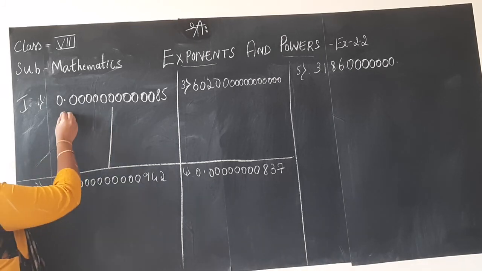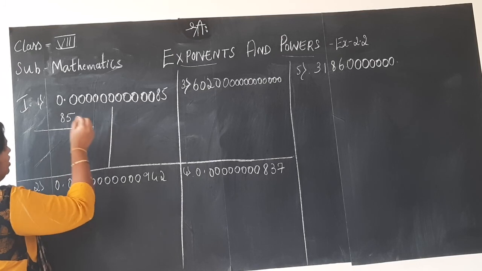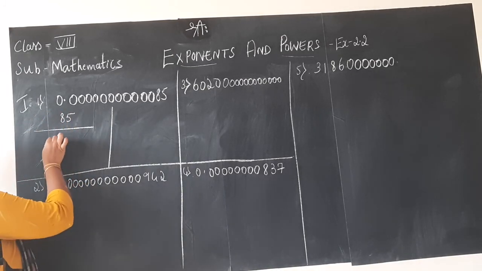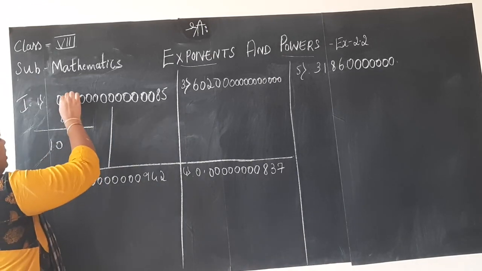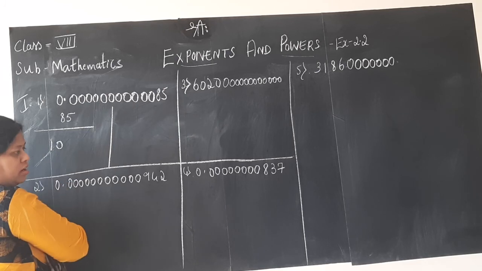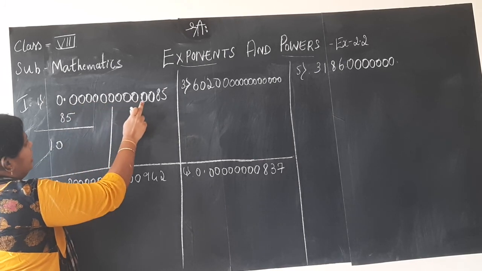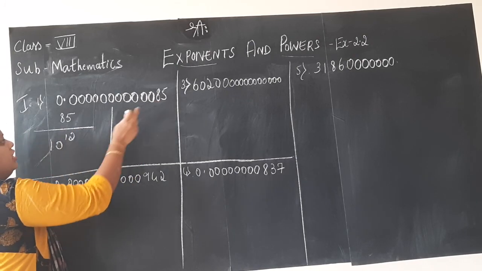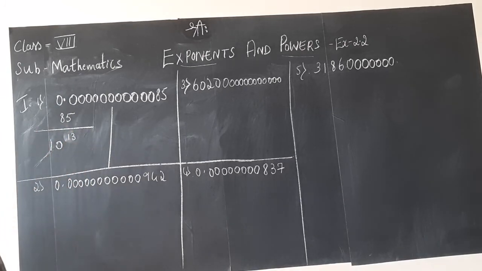If we go according to your textbook, we write 85 in the numerator, divided by 10 to the power of the number of digits after the decimal point. We should count: 1 2 3 4 5 6 7 8 9 10 11 12, 13. So 10 to the power 13 you will write.